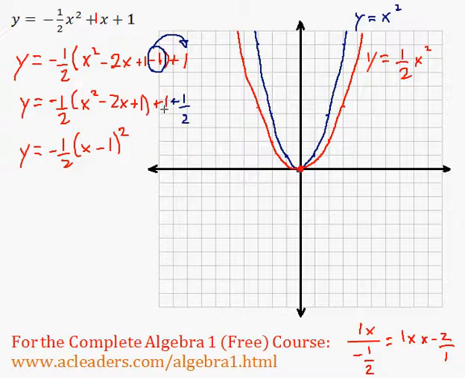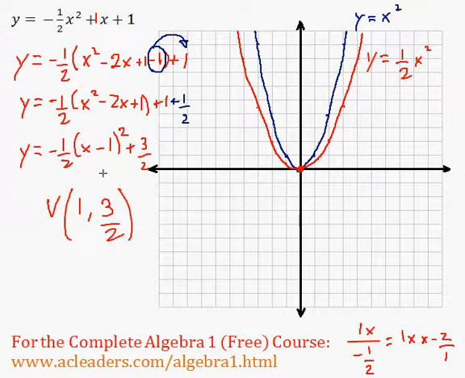So let me just pick a different color here for our final graph. 1, comma 1.5. So our vertex is right here. And we have negative half x squared, so the shape will be identical to the red graph that we have here, which is y equals half x squared, but it will go down instead because of the negative.